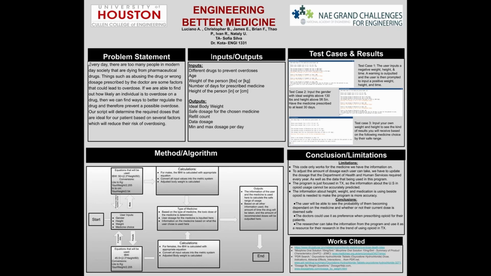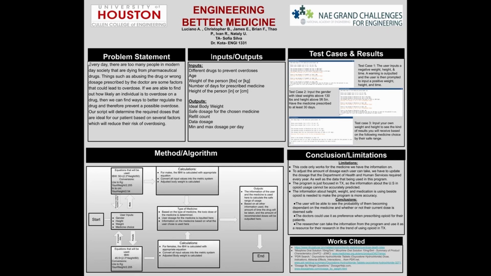Okay, so depending on the gender choice, the algorithm will go to either the male flow side or the female. Based on the information the user gave us, their height and their weight, the equation works mainly with kilograms.